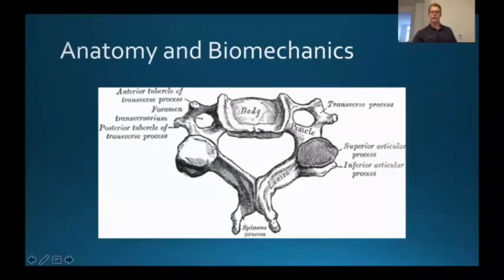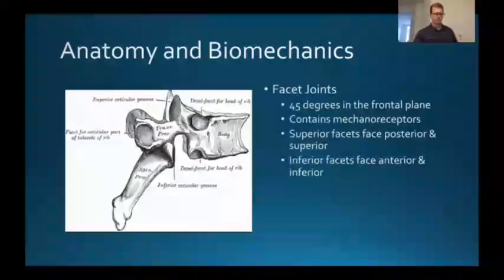Finally, we have bifid spinous processes in the cervical spine, which are gradually going to transition into just a single point spinous process as you get down into the thoracic and lumbar spines. From a side view, you can have a good vantage point of the facet joints. Now, when looking at this picture, where is this snapshot taken from?